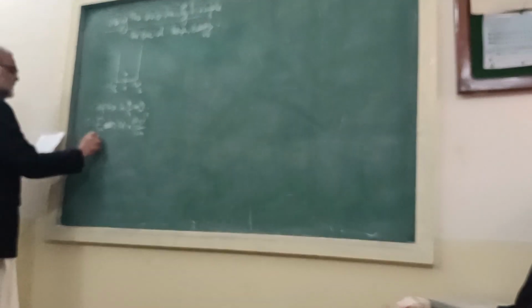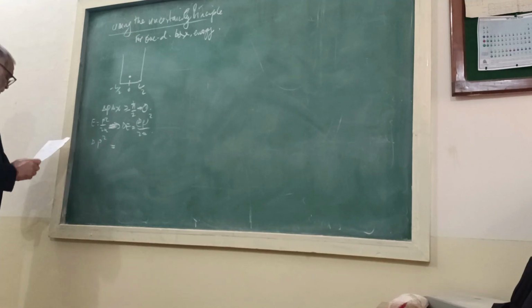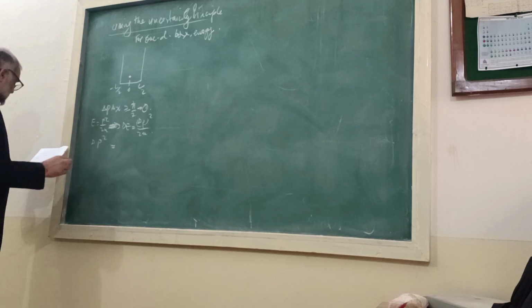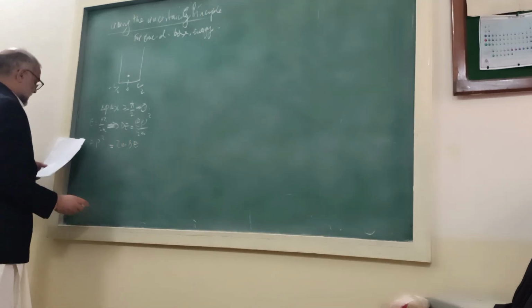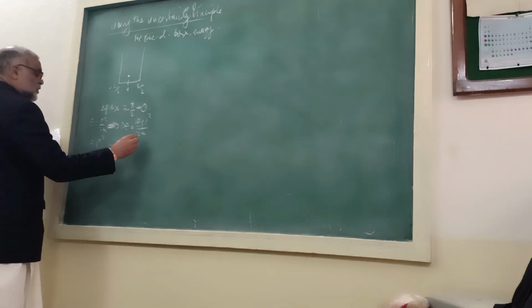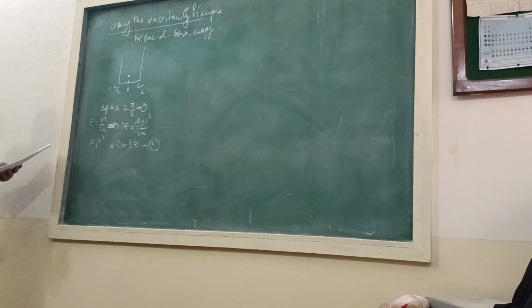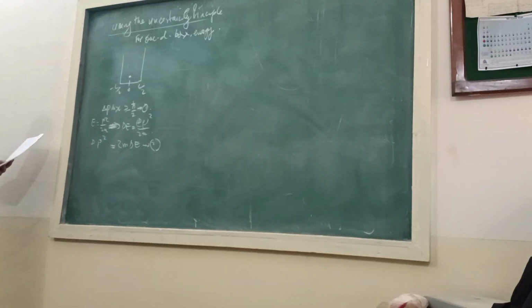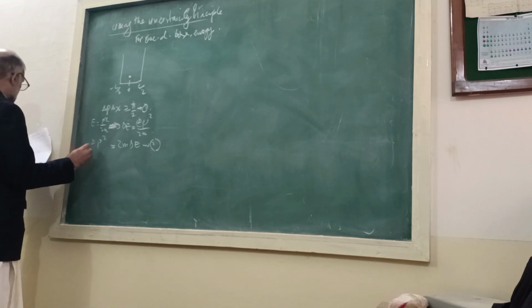Delta P squared is equal to 2m delta E. So if that is equation 2, we can put here the value of delta P.